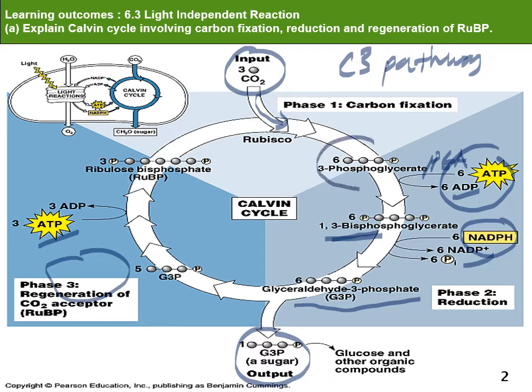So the 3-phosphoglycerate is the 3 carbon molecule. That's why plants that fix carbon in this way are called C3 plants.